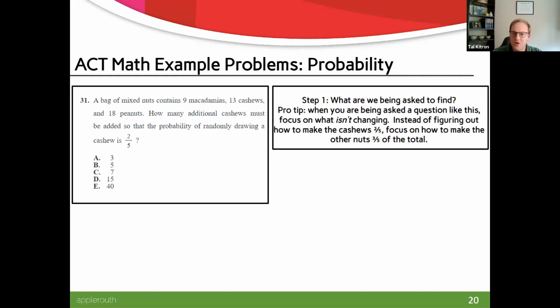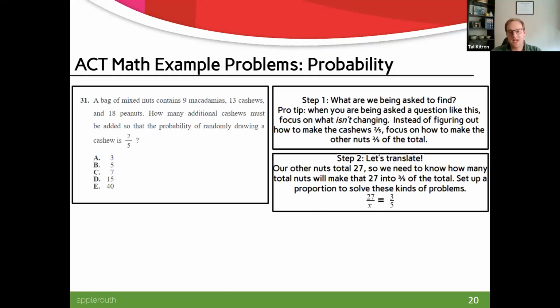So if at the end, the probability of cashews has to be 2/5, probability of not drawing a cashew, AKA drawing a macadamia or a peanut, is 3/5. 18 peanuts plus 9 macadamias is 27. This is a classic thing that people do in ACT math, which is set up a proportion. 27 out of what final total will be 3 out of 5. Again, that 3/5 is just what's left when it's 2/5 cashews at the end.